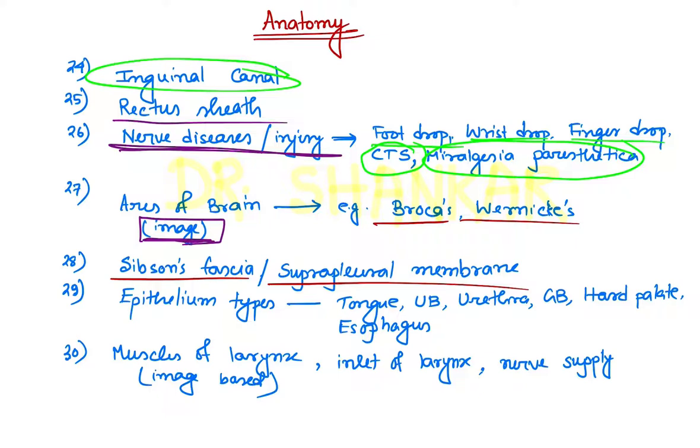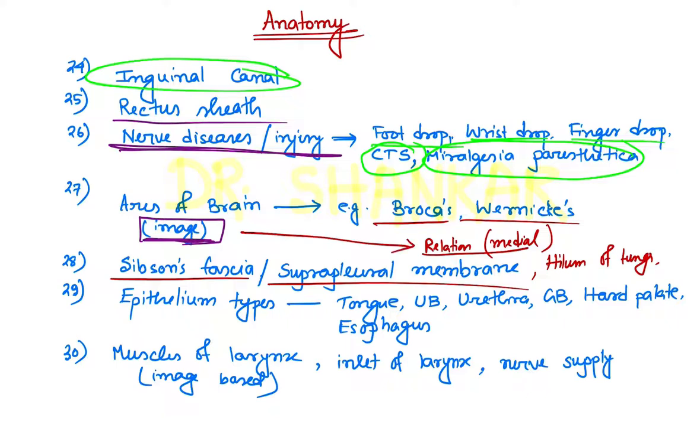Along with the hilum of the lung, and bronchopulmonary segments, and also relations of the lung surface, especially the medial surface. The medial surface of the lung relation is actually an image based question, like impression of arch of aorta, descending thoracic aorta, what is the relation of the vagus nerve, what is the relation of the phrenic nerve. So these things are important.